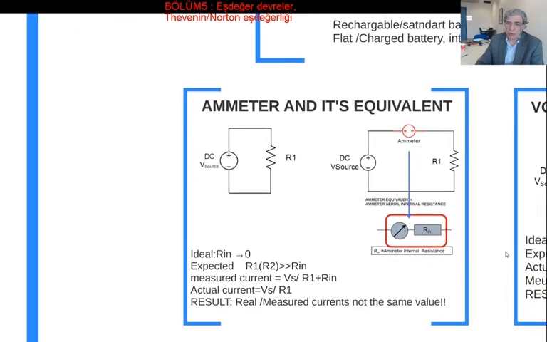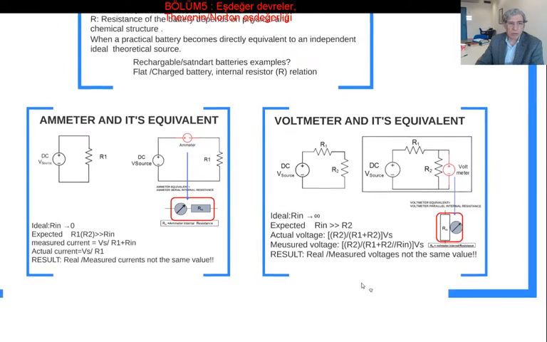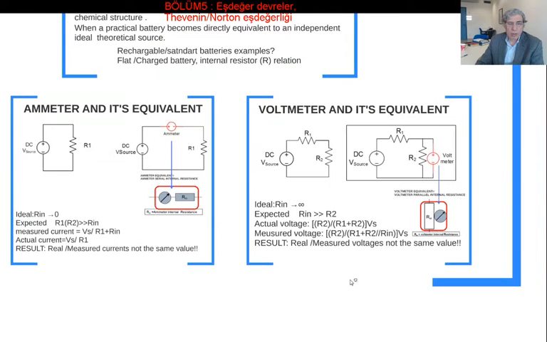Another piece of equipment that we use in electrical engineering is the voltmeter, and its equivalent is a voltmeter in parallel with a resistor. Assume that you have this circuit and you are trying to find out what the voltage of R2 is.